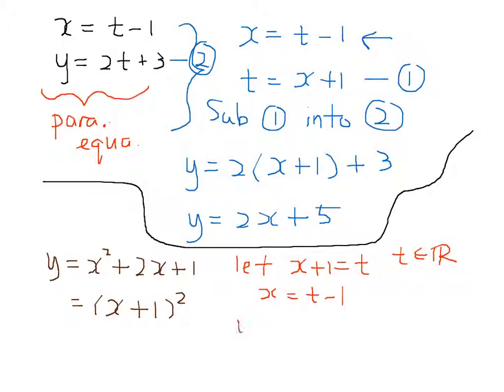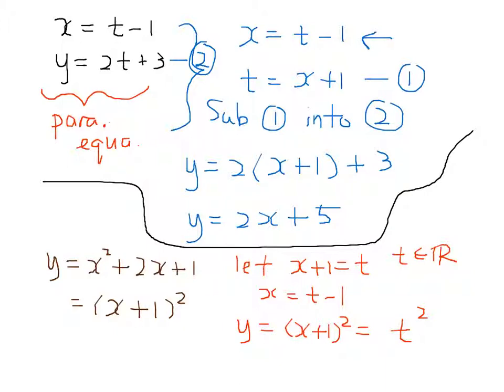But as for y, the y is really x plus 1 squared. Since we are substituting x plus 1 by t, I can replace x plus 1 and I will get t squared.